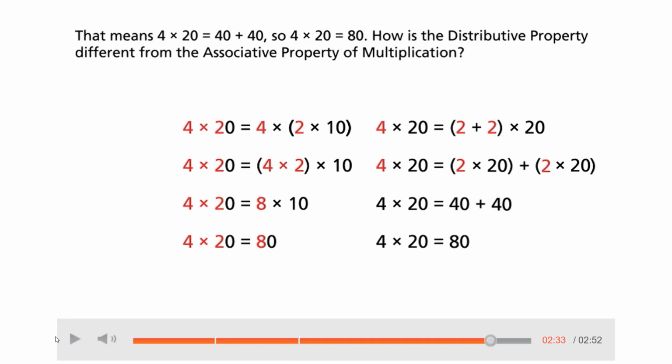And then they grouped it further by saying 4 times 2 first to find the 8, then multiplied that by the group of 10s. So we had 8 10s, which makes 80. Both of these strategies are useful and both of them can be used. You don't necessarily need to use both. You can pick the one that's easier for you, but both of them are available and they're helpful to help you break down a problem that may be difficult to solve on its own.